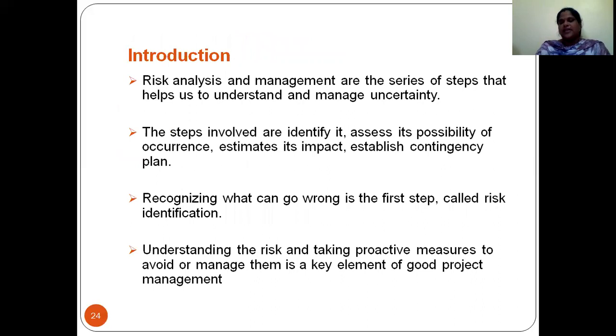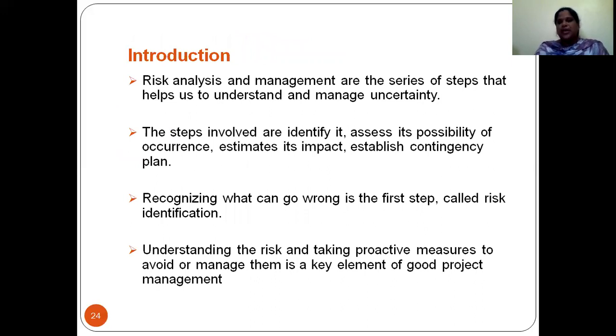First, we can see the introduction. What is risk analysis and management? We will see about it. Risk analysis and management are the steps in order to understand and manage the uncertainty which is happening in your software product. The steps involved are: identify it, assess it, estimate its impact, how big the impact of the risks is, and establish a plan in order to solve the risk.